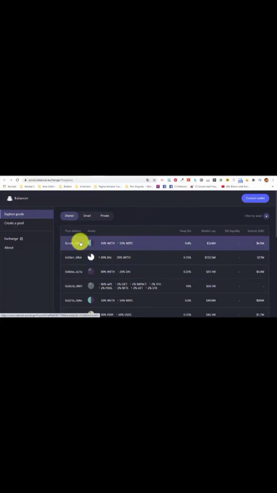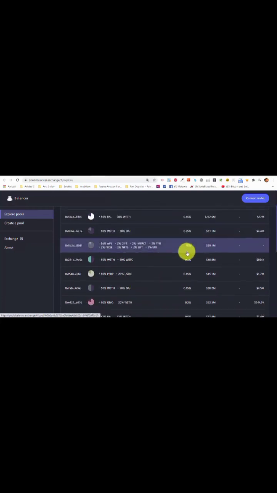This is some kind of yield farming which you have seen before, and you can earn these swap fees. So people put their resources together in these pools, for example, they make exchanges between these two tokens, right? And the swap fee is 0.4%, so that's what you earn.